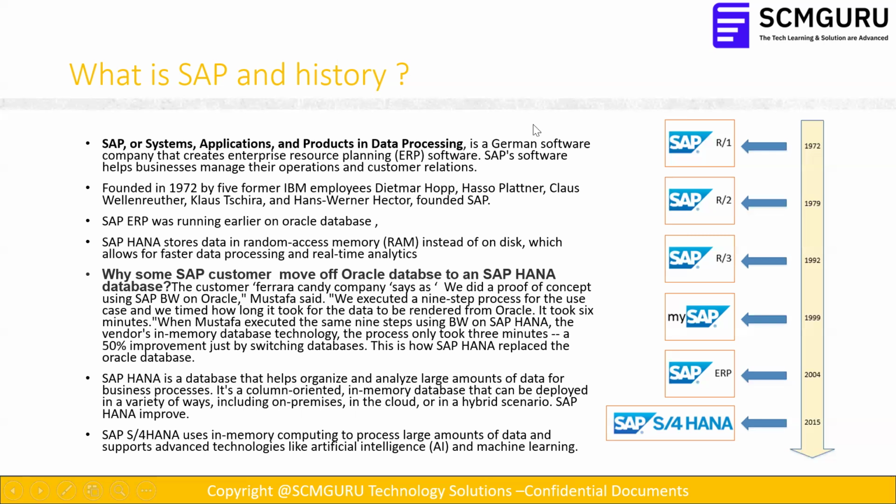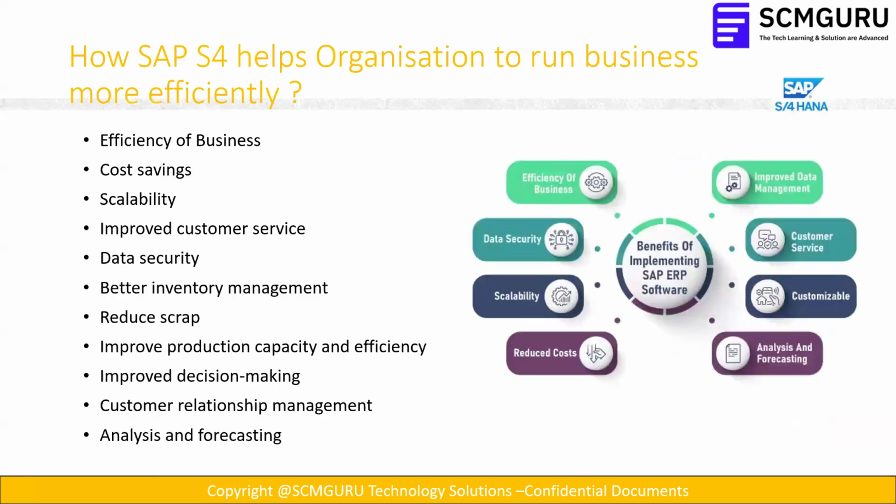So this is the history. SAP is used by 70% of the world's top organizations, including the Fortune 500 big companies. There is also SAP B1, which is used for small organizations, SMEs. So this is just the history.